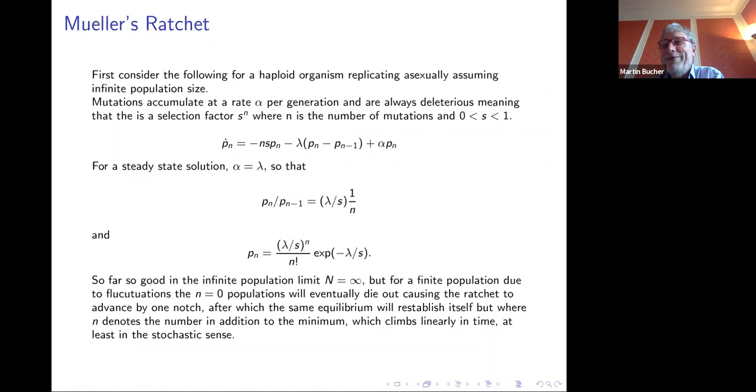And there are some amusing papers that talk about how Mueller's ratchet explains why the Y chromosome has so few genes and that it has lost genes over the years. So the withering away of the Y chromosome.